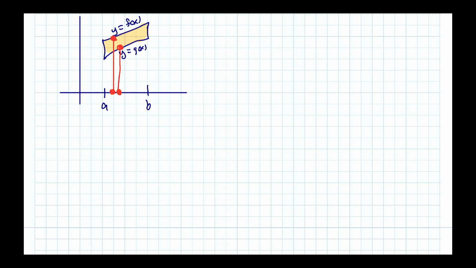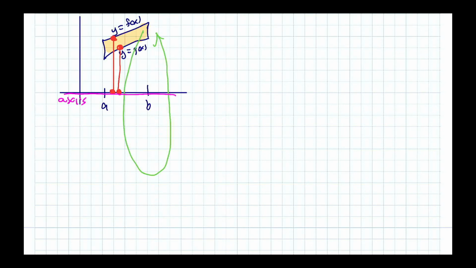And anyway, what we're going to do is rotate this entire thing around the x-axis. Again, we're just using the x-axis for now. And when you do that, what would the shape be?